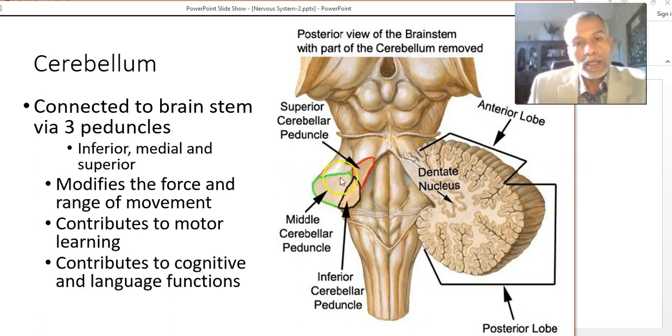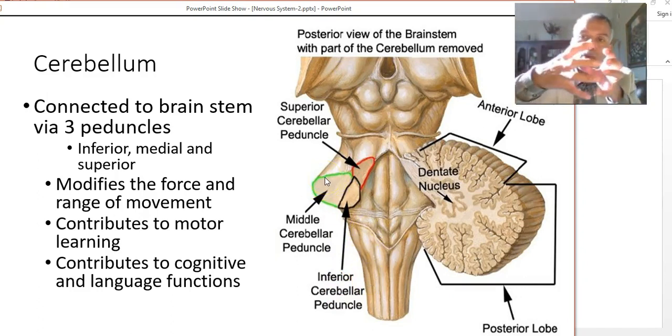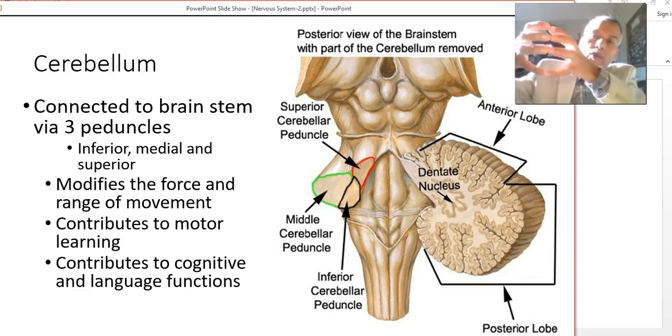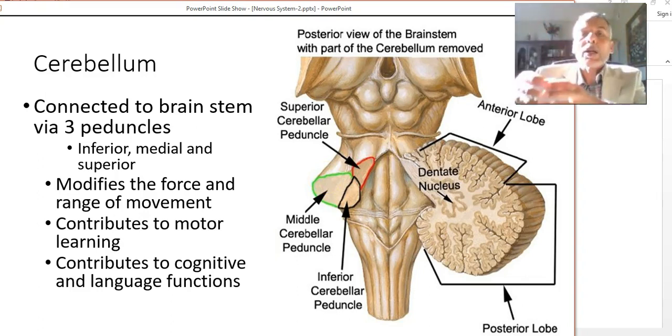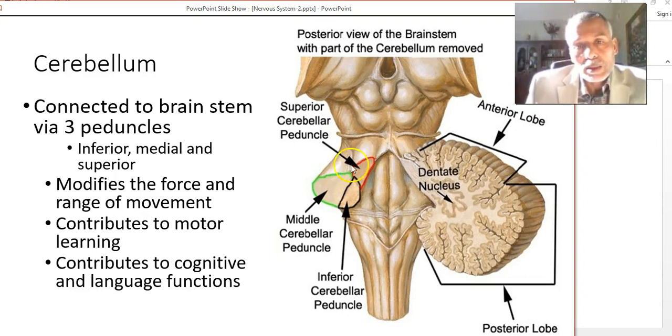So the superior rises through the midbrain and to the rest of the upper part of the brain, and the inferior goes into the spinal cord, and then the middle is going to go around, and together it's going to make a big part of the pons. So basically most of the pons is made out of the middle cerebellar peduncle.